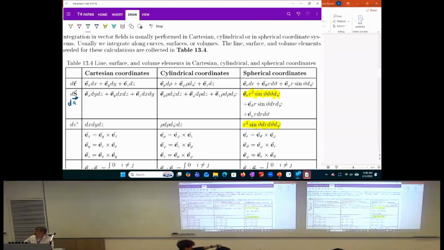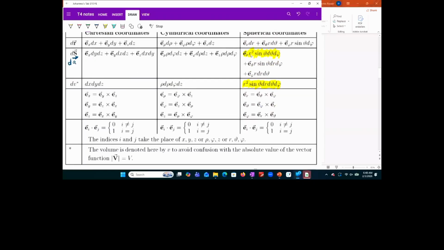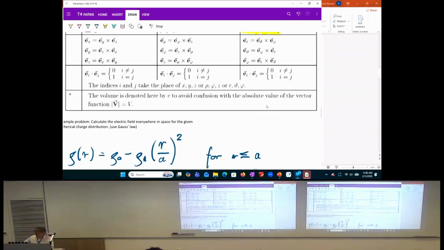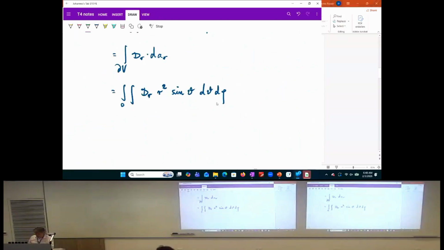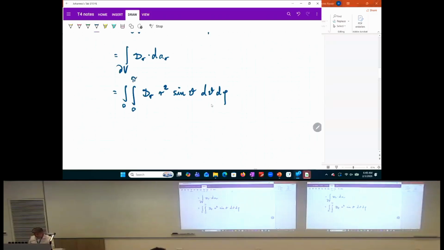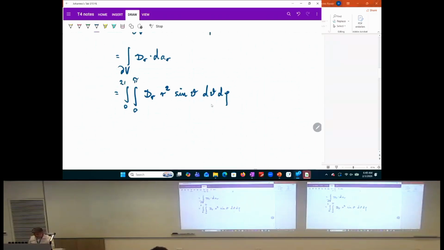These two here, we don't have any d theta nor any d phi. They are not entering in our integral. But here we need this r squared sine theta that we include. And the theta runs from 0 to pi, and the phi runs from 0 to 2 pi.